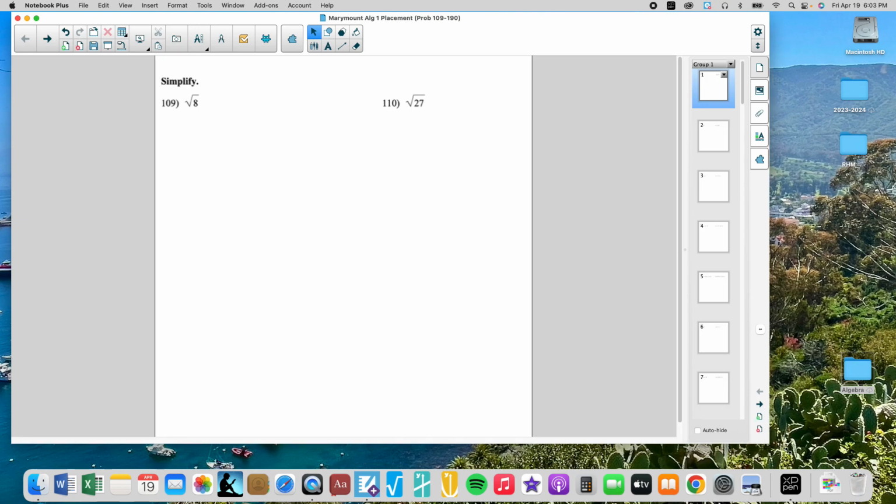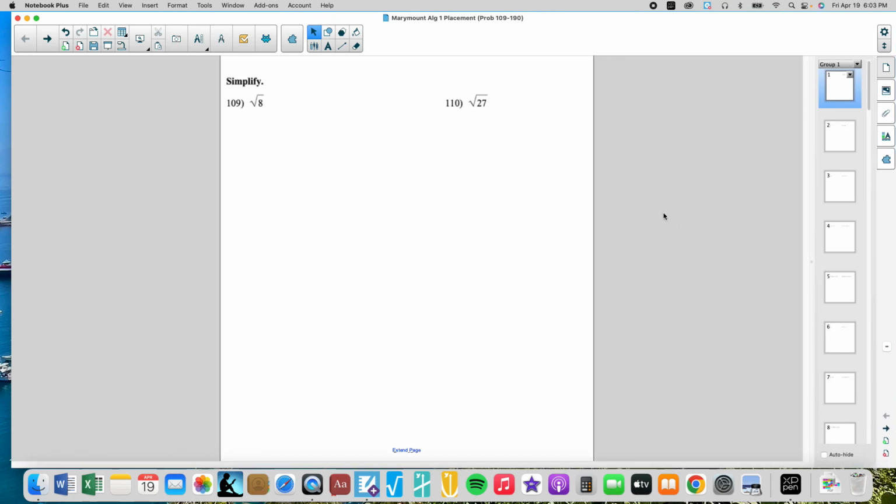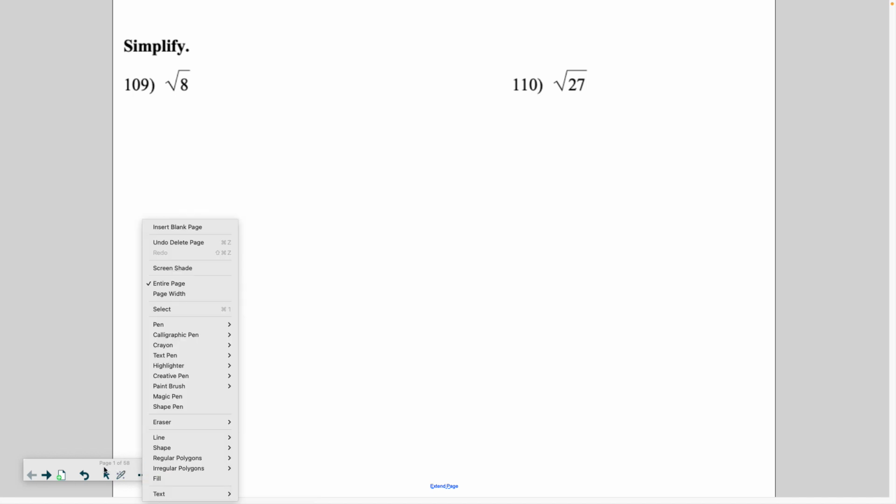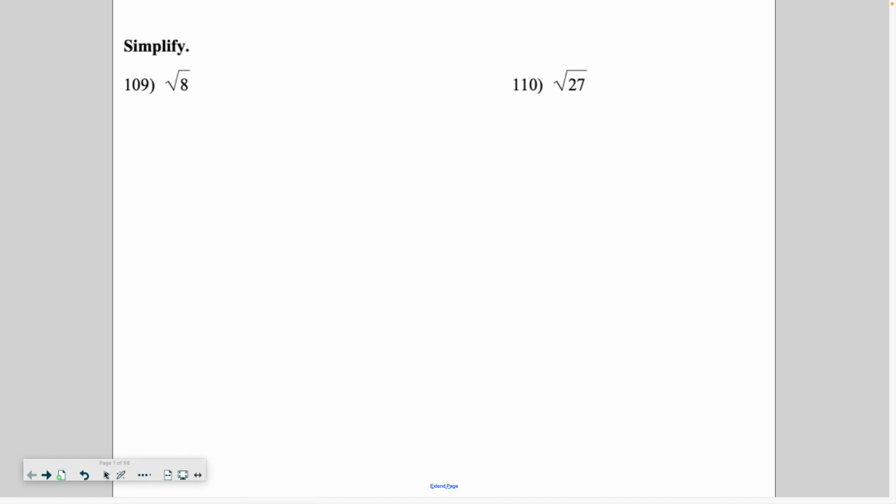Because I can't see my pen. I don't have my pen and eraser like I do here. So I guess we will. Maybe that's where the pens are. There are the pens. Is that where the pens are? Don't know.